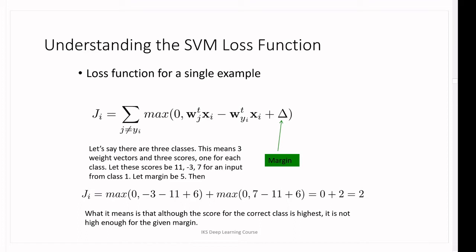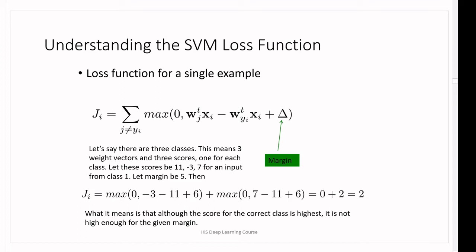So let us say that these scores turn out to be, for a given input, 11, -3, and 7, and let us say that the input is from class 1. And let us assume that we want the margin to be 5. In that case, let us see what the value of J sub i, or the loss function for this particular scenario, will be.